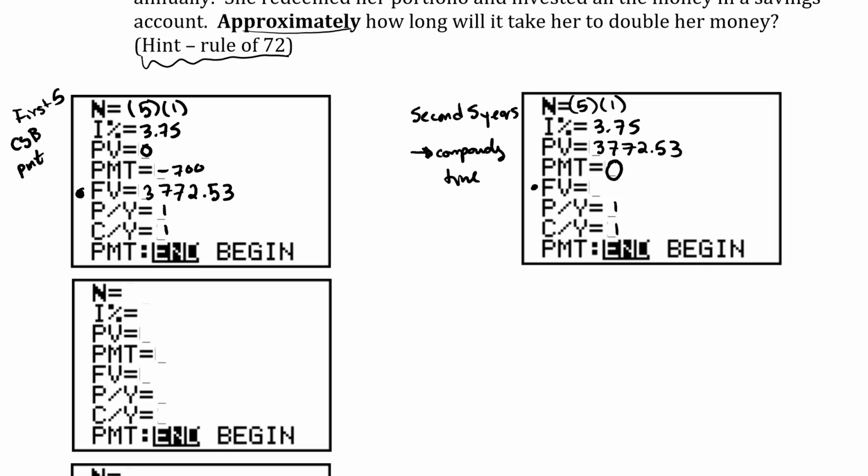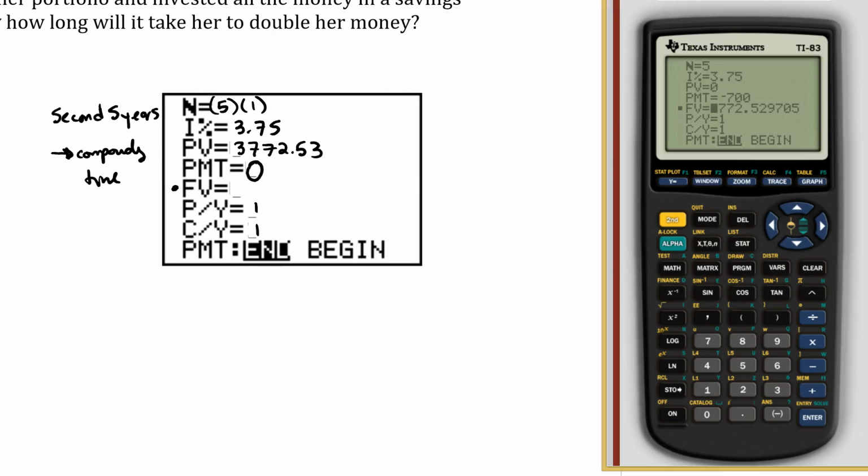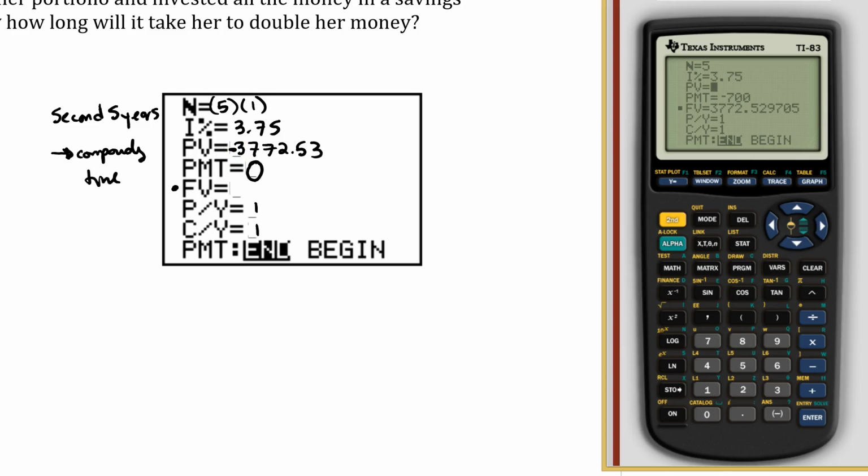So I'm just going to move this guy over so we can see it. What do we need to change here? Oh, actually, my bad. This should be negative because it's money initially going away. It's going to come back, but it's initially going away. Is everything else good?